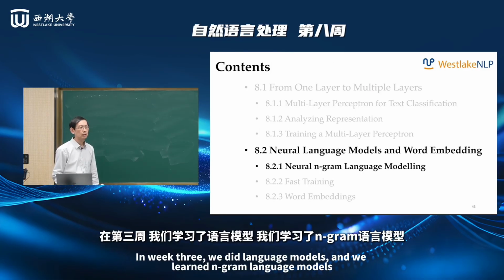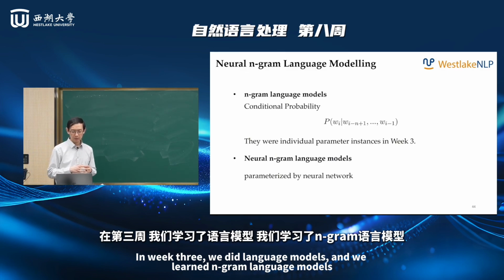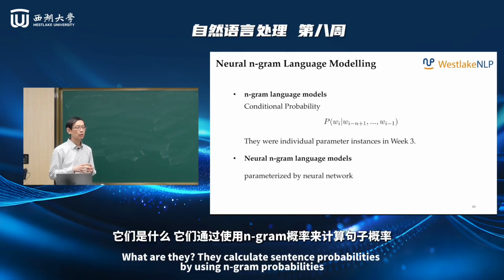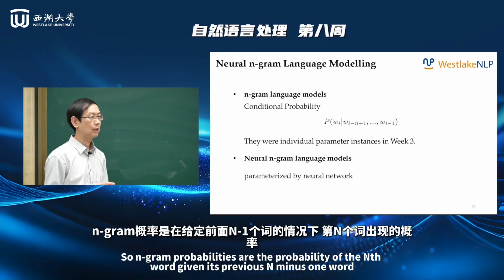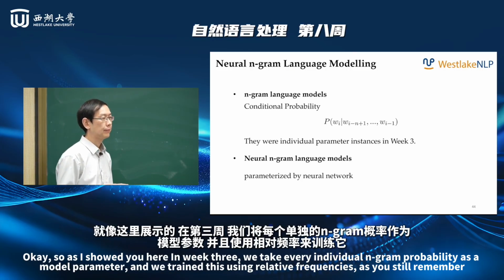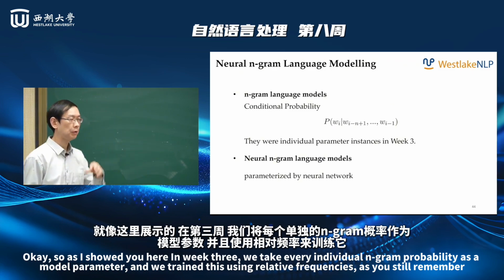In week 3, we did language models and learned n-gram language models. They calculate sentence probabilities by using n-gram probabilities. An n-gram probability is the probability of the nth word given its previous n-1 words, as I showed you here.